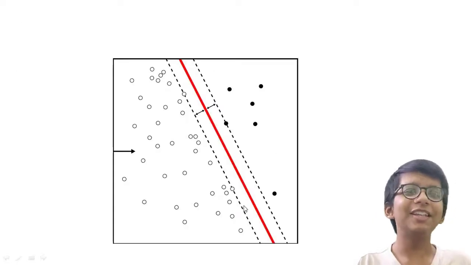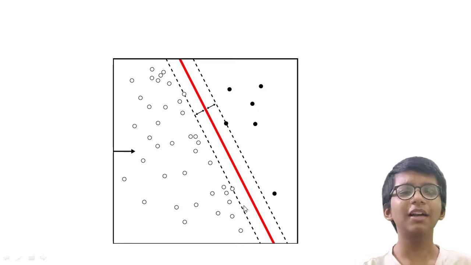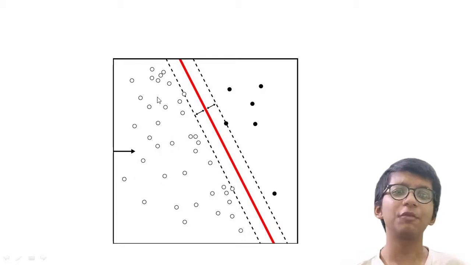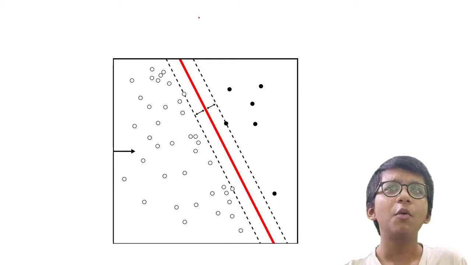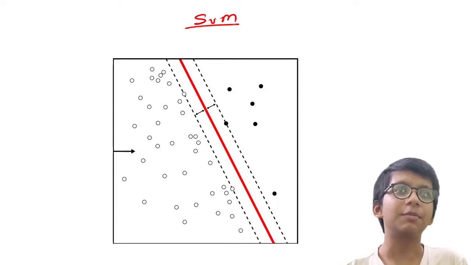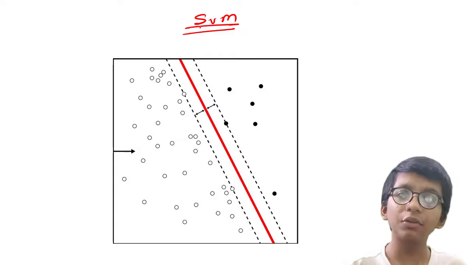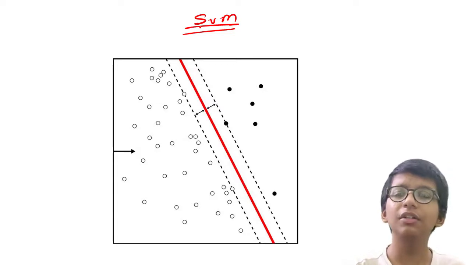You can see over here that I have a small picture in front of me, and this picture is simply a support vector machine picture. But before that, I want to give you an introduction of what we mean by support vector machine. Support vector machine is one of the most powerful algorithms.